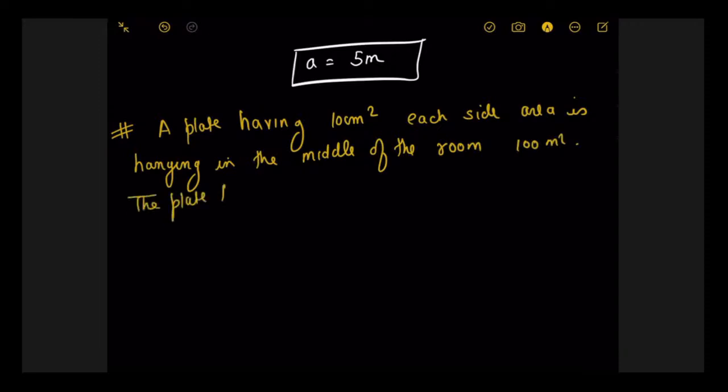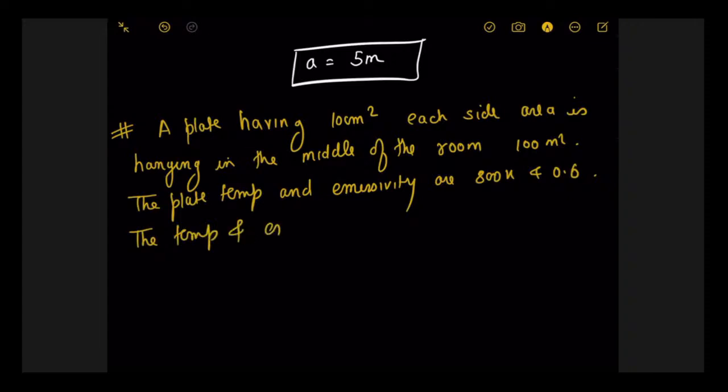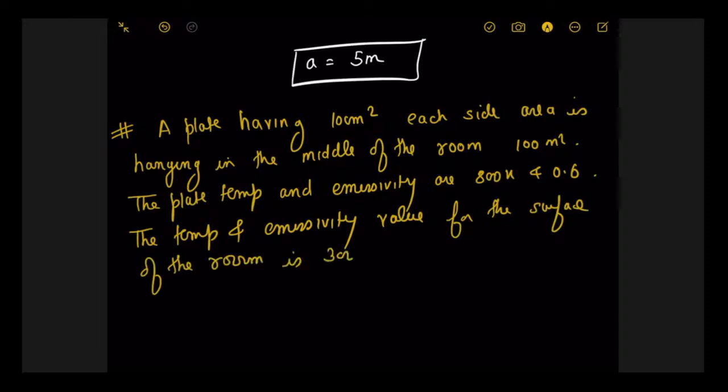The plate temperature and emissivity are 800 Kelvin and 0.6. The temperature and emissivity value for the surface of the room is 300 Kelvin and 0.3.